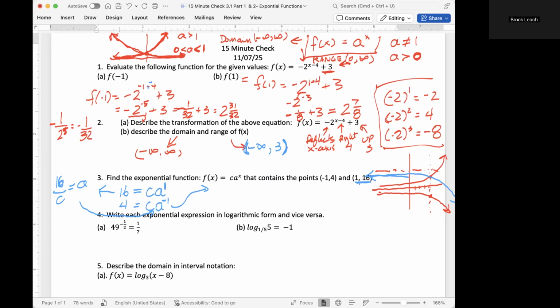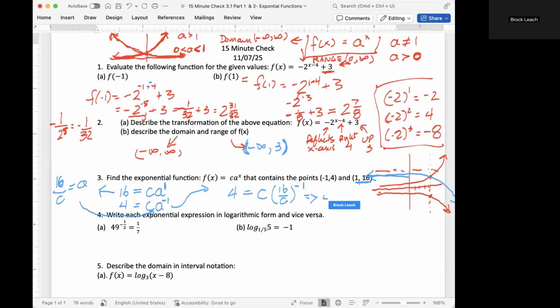So if we plug that in, we have 4, plugging this in for A, C, and then 16 over C to the minus 1. So this would give me, well, the minus 1 is going to flip that fraction.